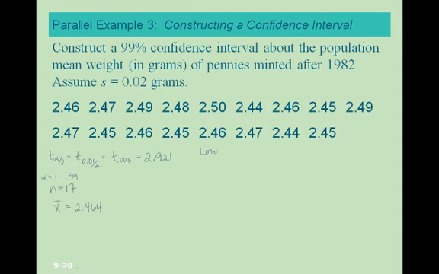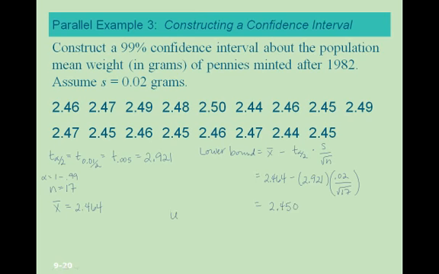So we can calculate our lower bound, which is equal to our x bar minus our t value times our standard deviation divided by the square root of n. So we have 2.464 minus 2.921 times 0.02 for s divided by the square root of 17. And we get a value of about 2.450.